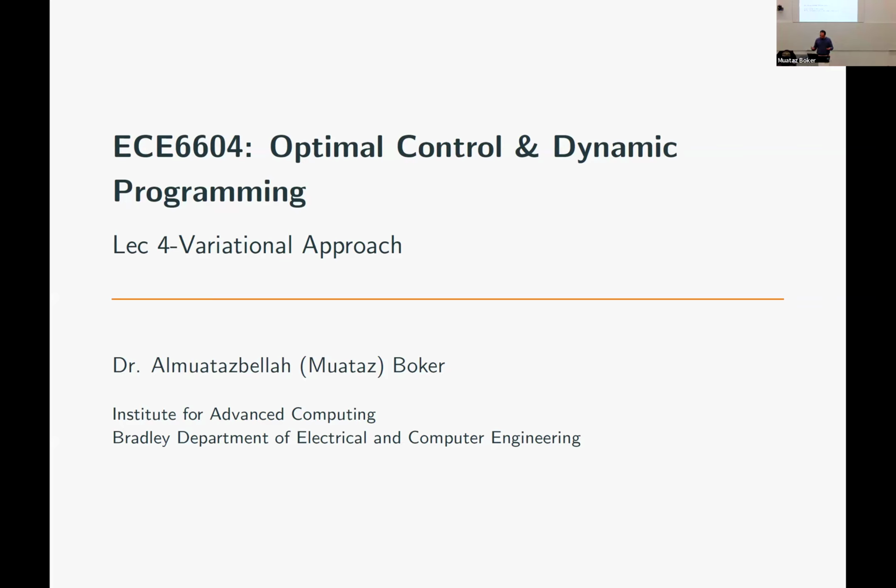So the variational approach is similar to what we did in solving the optimization problem with constraints, or solving the optimization problem in general, which is to rely on perturbation. We will perturb the optimal point and the optimal trajectory a little bit by epsilon.